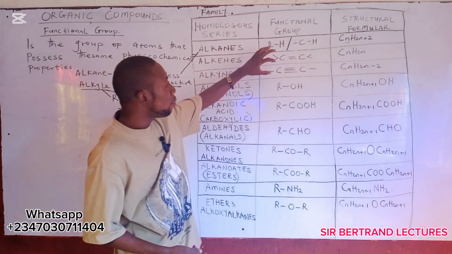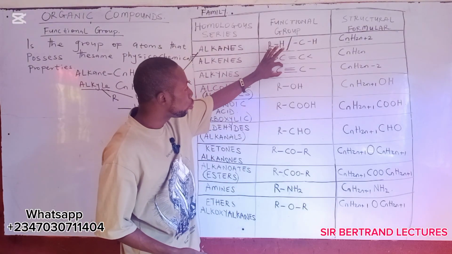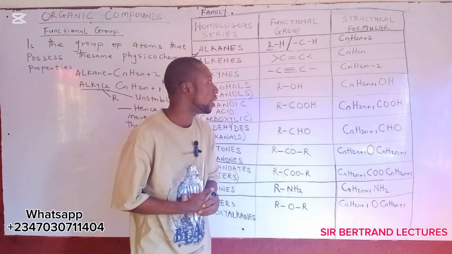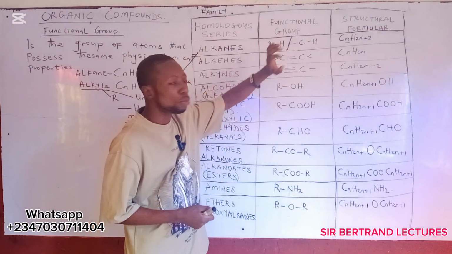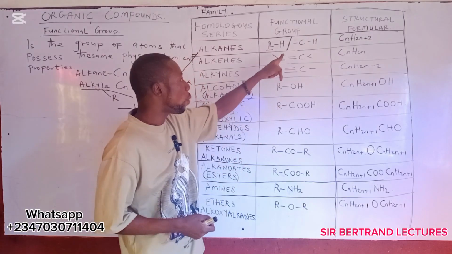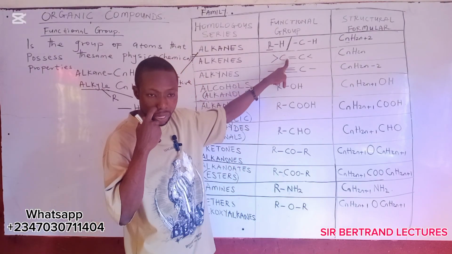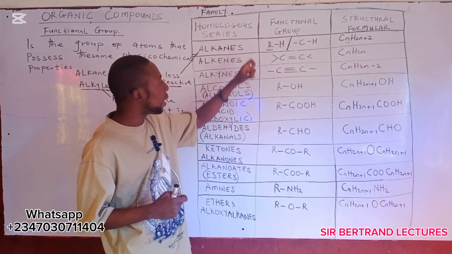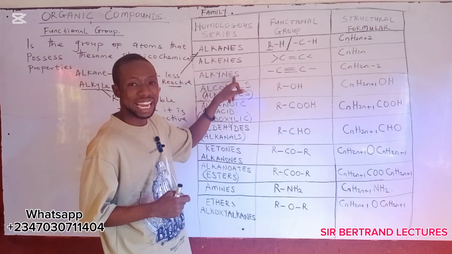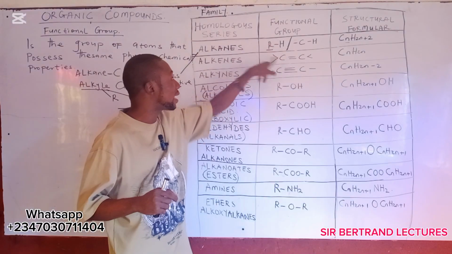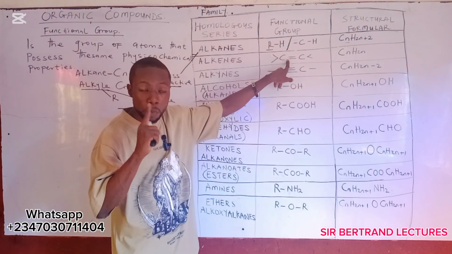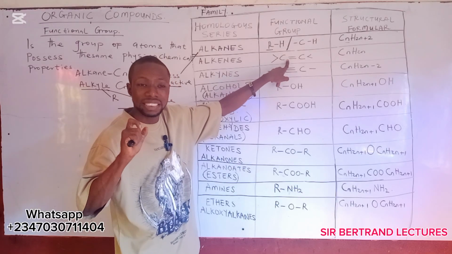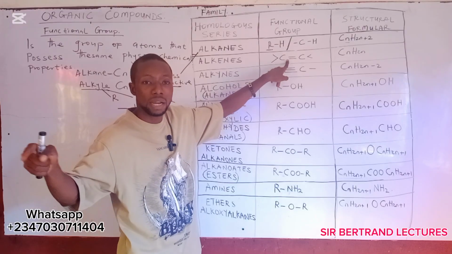Of the carbon bonds here, one is a sigma bond, the other two are pi bonds, and a pi bond is a very weak bond. Here in alkenes, which have a double covalent carbon-carbon bond, one is a sigma bond, the other is the weak pi bond. Sigma bond is very strong, more than pi bond.